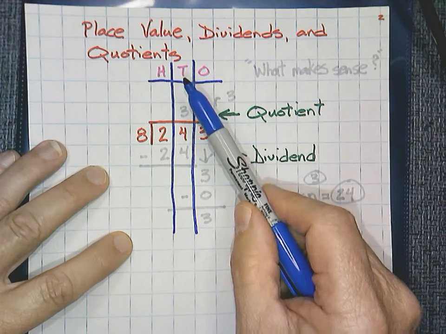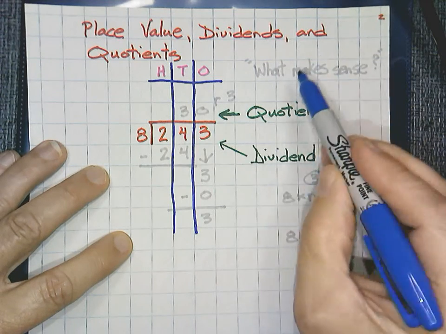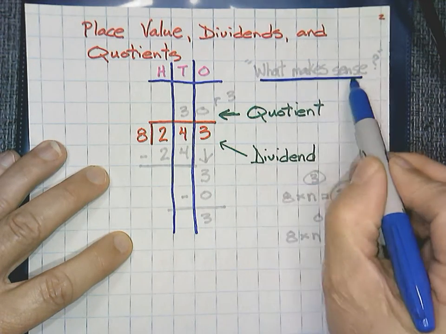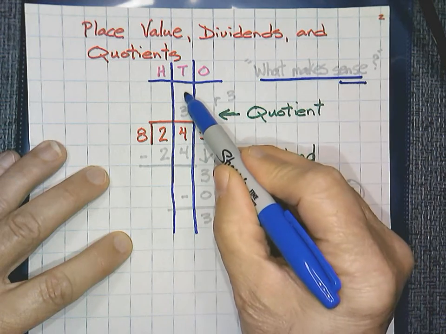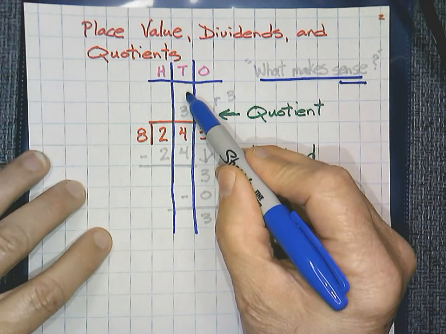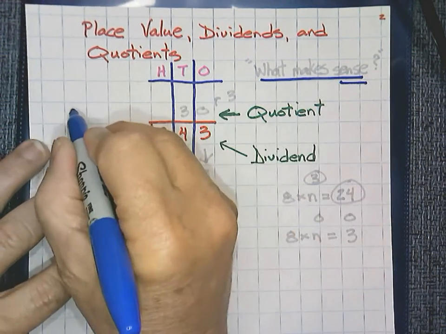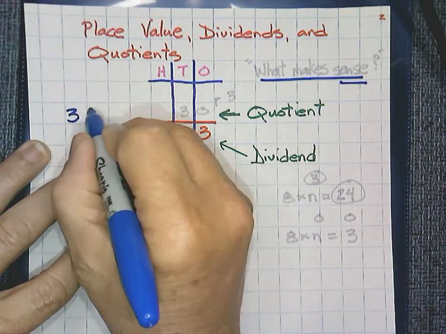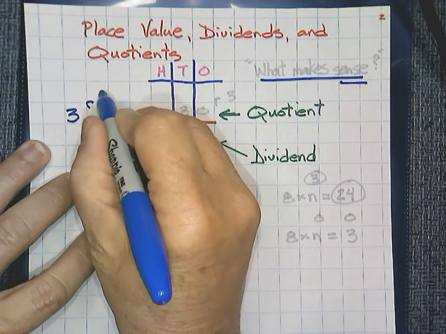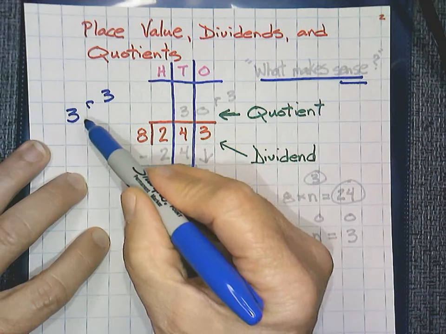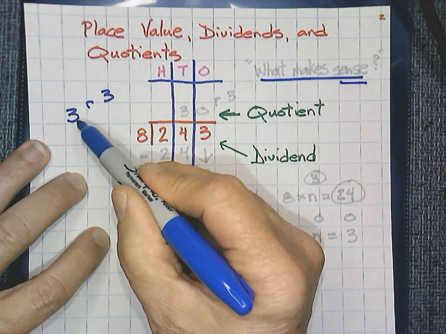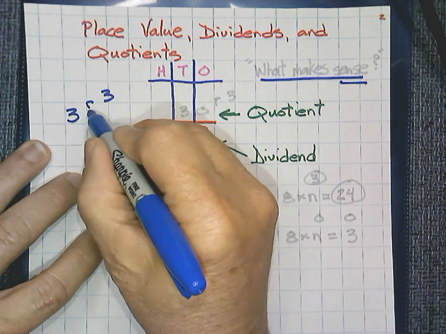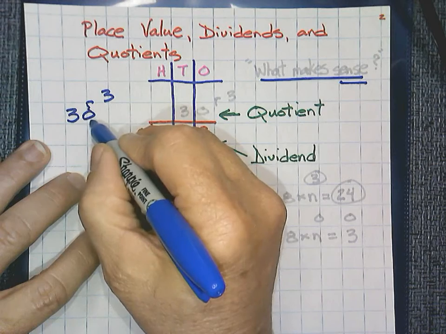Now keep that in mind because I like to think of it this way. What makes sense? If you have 3 tens, and you're a little bit confused by the tricky problem and you think, well, I think that's going to be 3 with a remainder of 3, that would be 3 ones. Remember that 3 tens would have to have 2 digits.